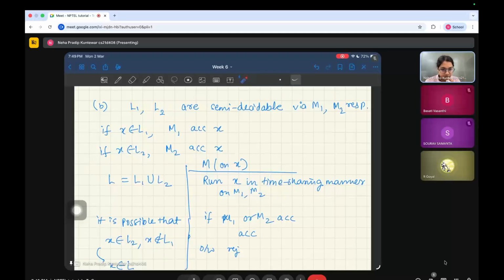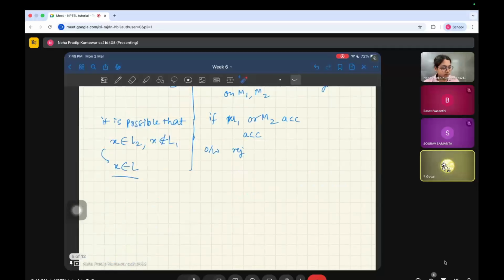No, I do not think that there is any harm in giving the same input to both the machines, and both machines can be executed parallelly. So where is the issue? M is only one machine, right? M is the one machine, but then how do we construct this M? If you can draw a little diagram, like say X has been given as input to both the machines M1 and M2 parallelly.